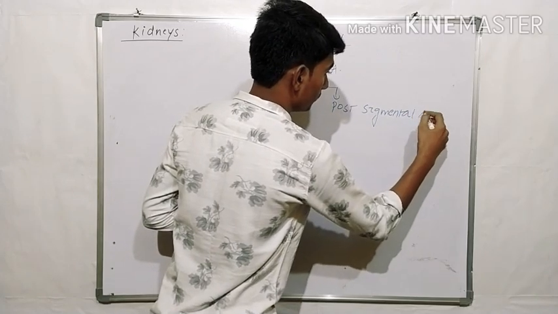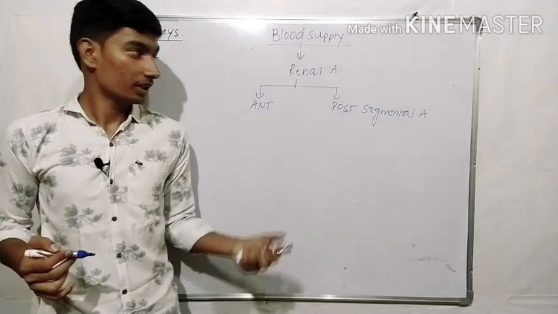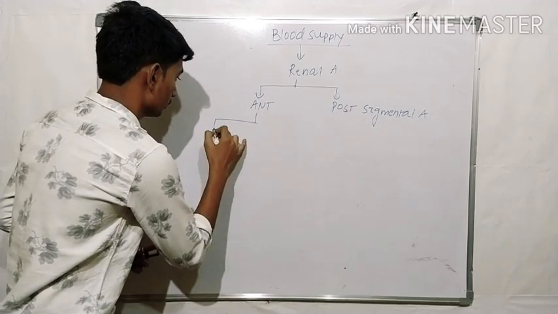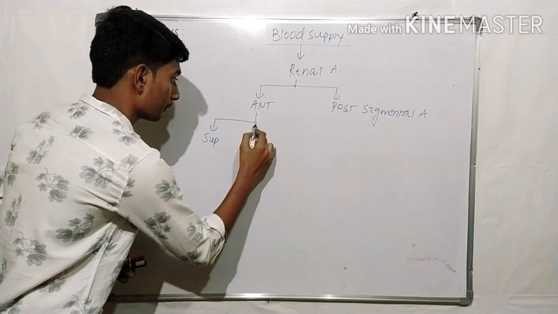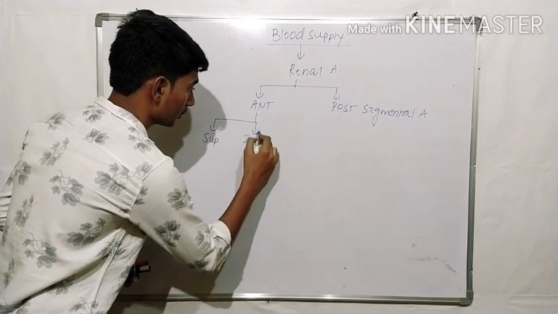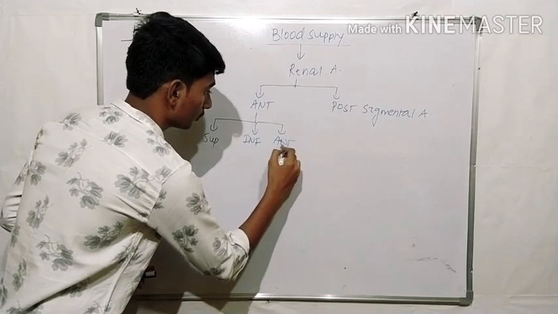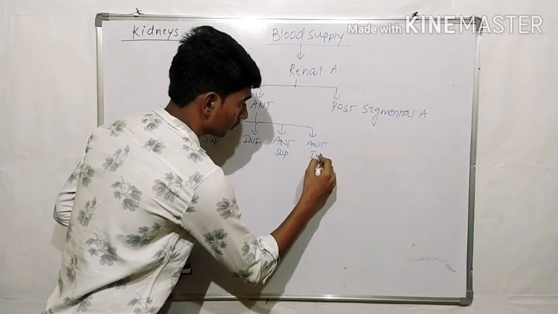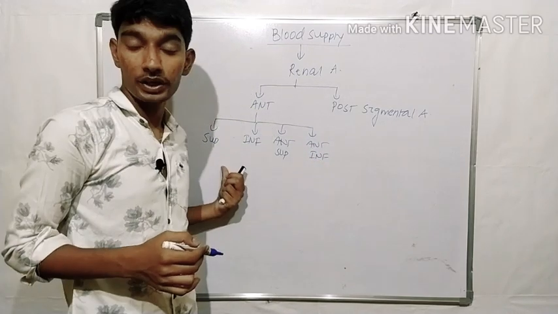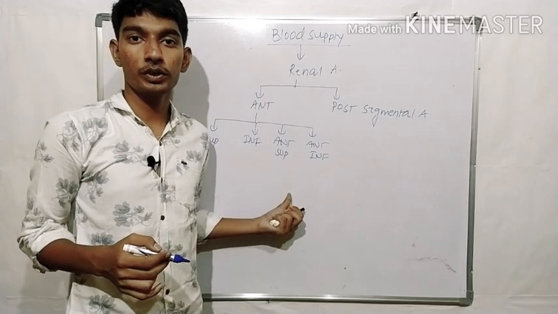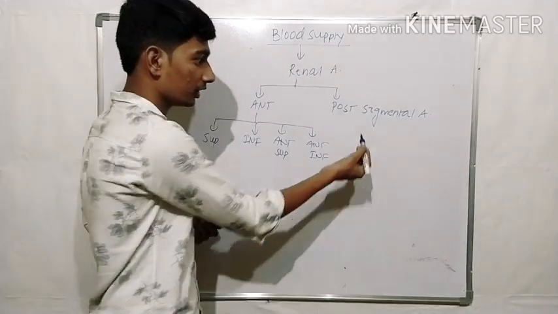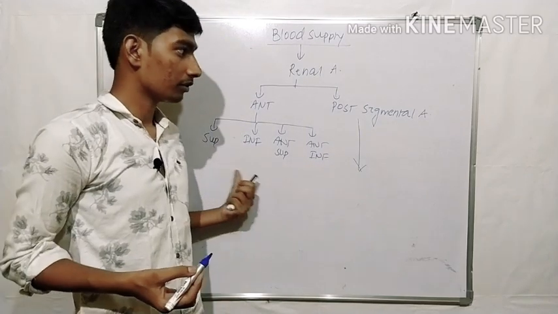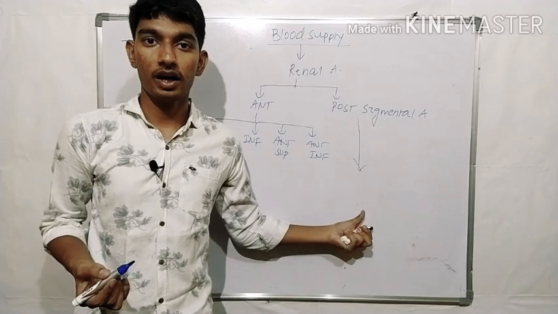This anterior segmental artery again divides into superior, inferior, antero superior, and antero inferior, and posterior segmental artery continues as itself. Therefore, we have total 5 segmental arteries.